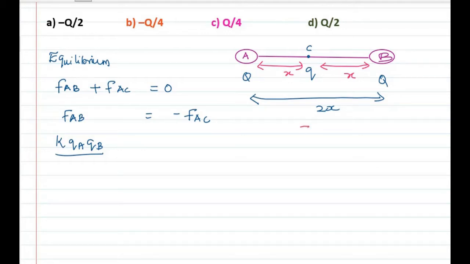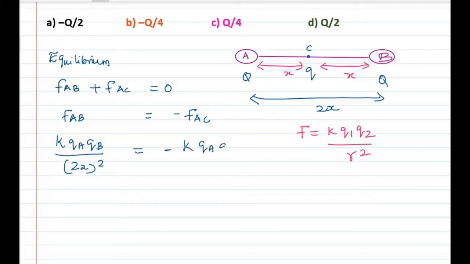So for FAB we have K into QA QB divided by 2x the whole square, equal to minus of K into QA QC divided by x the whole square.